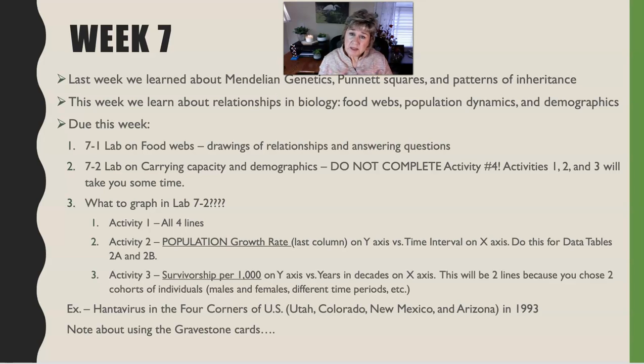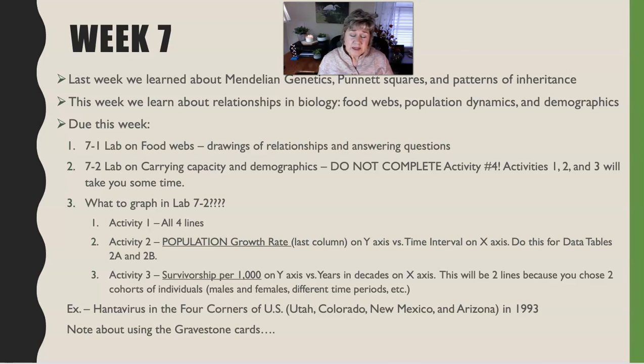So pneumonia means that your lungs fill up with water. So there was a respiratory tract infection that caused pneumonia that was happening in young people in the 4 corners of the United States: Utah, Colorado, New Mexico, and Arizona. There was an outbreak of this respiratory infection that we couldn't identify for a while, and it was occurring in young people, and they were dying.